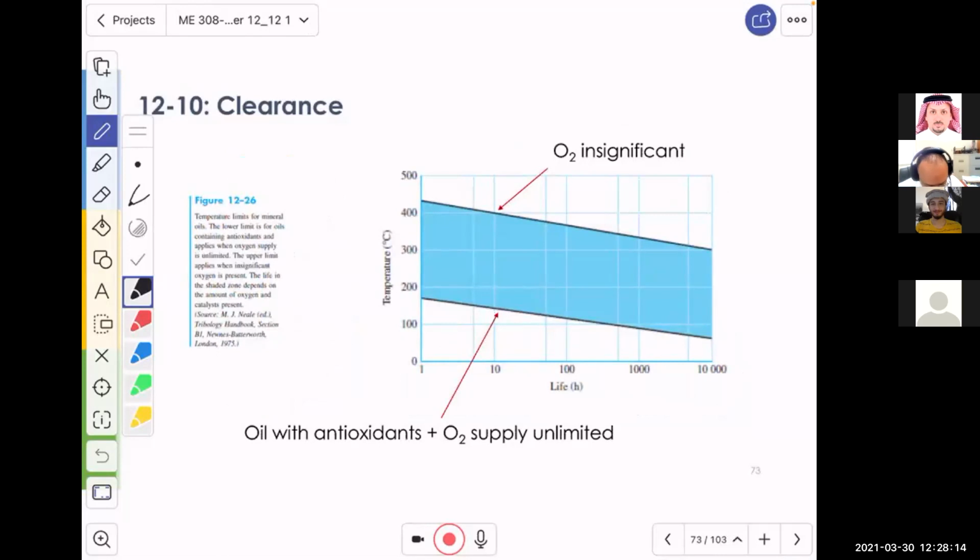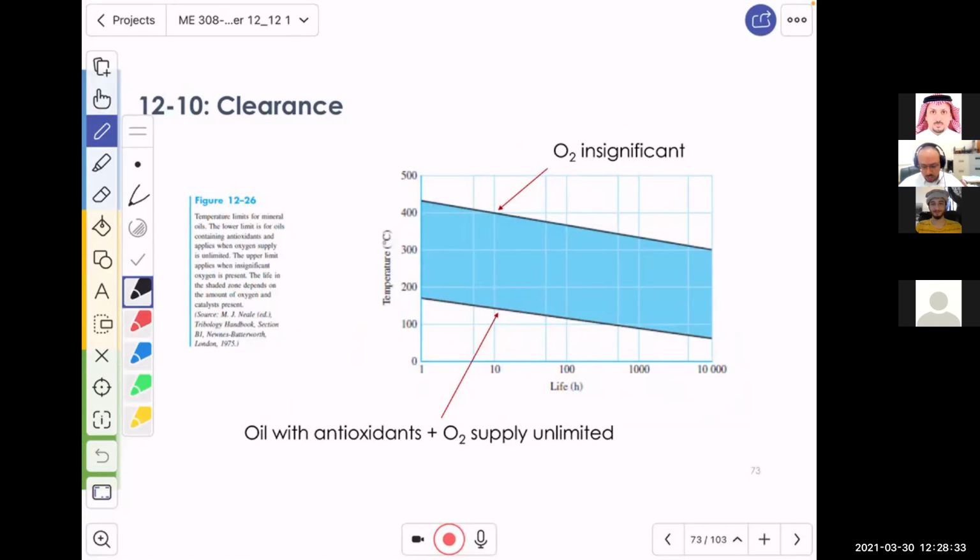Also, we have the idea that the temperature, whether due to the clearance or due to the operation, is expected to change the characteristic of the oil.